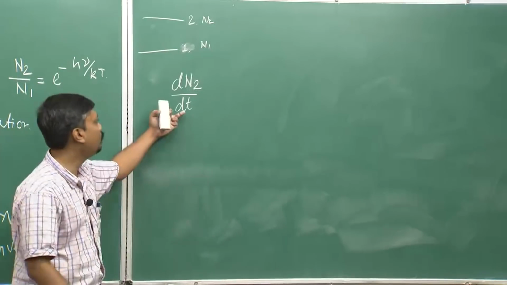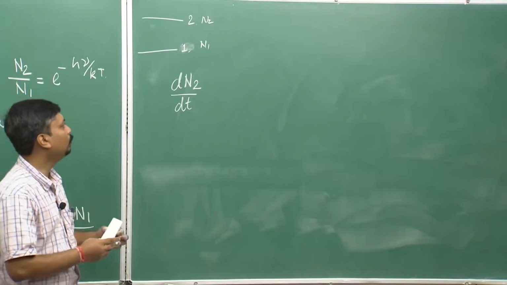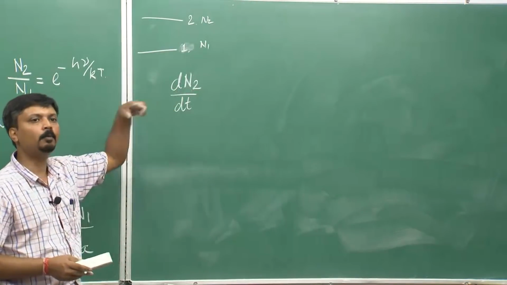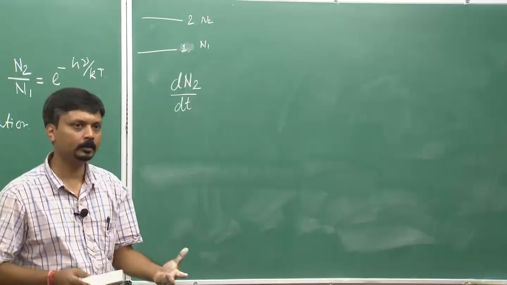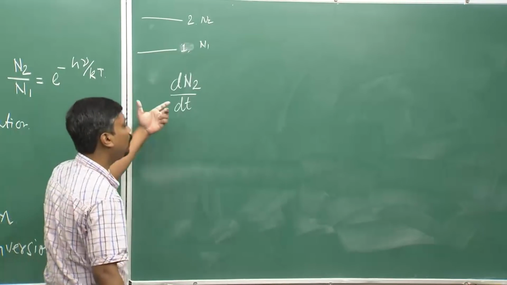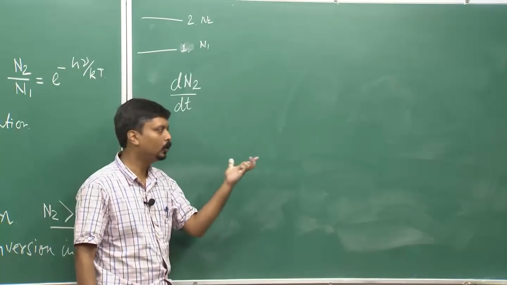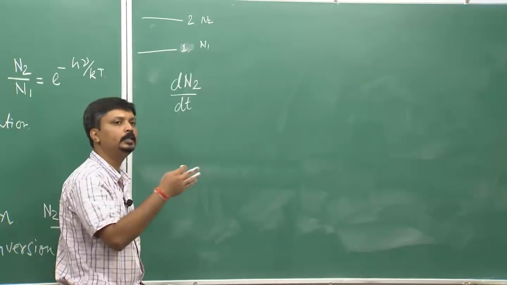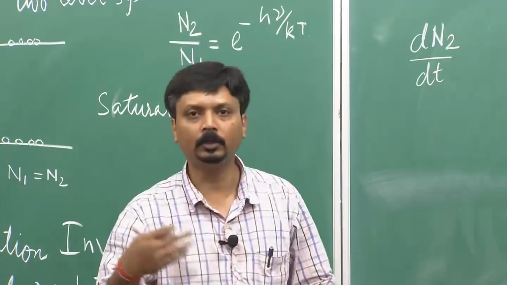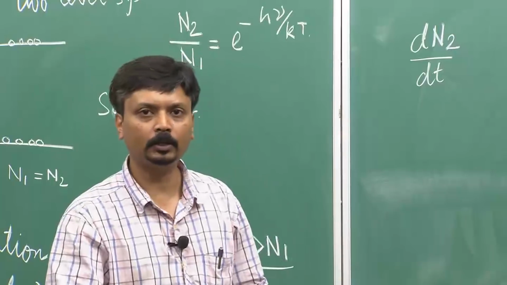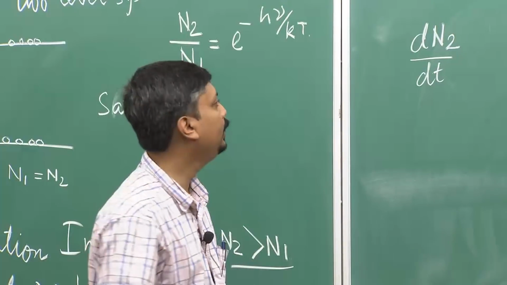Now, how is it changing? How is this one populated? It is populated by the absorption process, correct? And how is it depopulated? By the emission process. So, the absorption processes will come with positive sign, and the emission rates will come with negative signs.